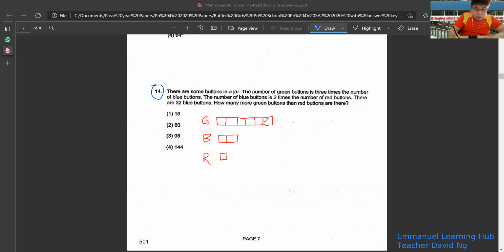So you understand why the model is drawn like that? Yes, right? Then they say that there are 32 blue buttons. So 2 units is 32.